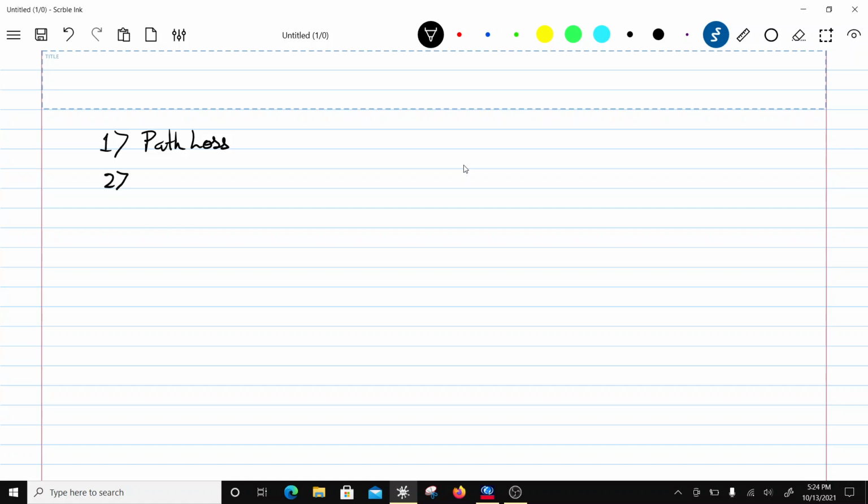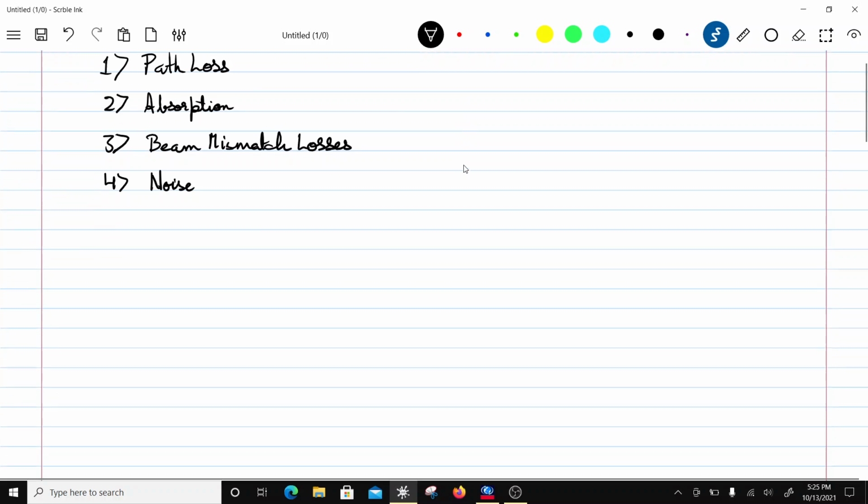Second thing is it's going to go through absorption, and third thing is, if it's a directional antenna on both transmit and receive side, then it is going to see beam mismatch losses, right? And apart from that, it is going to pick up some noise in the channel. Okay, so we are going to look at this one by one.